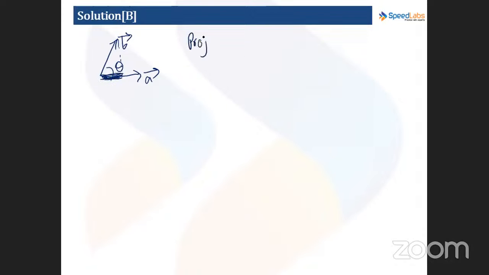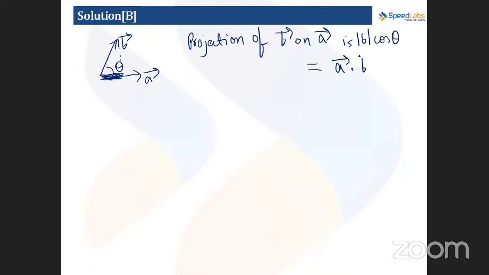So the projection of B vector on A vector is mod B cos theta, which can also be written as A dot B upon mod A, as the direction is the A vector.